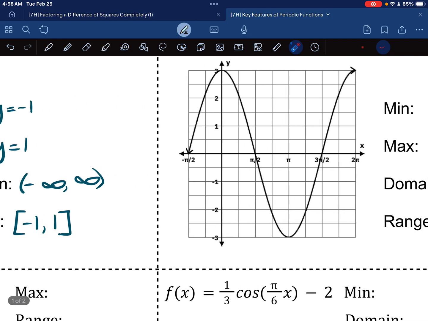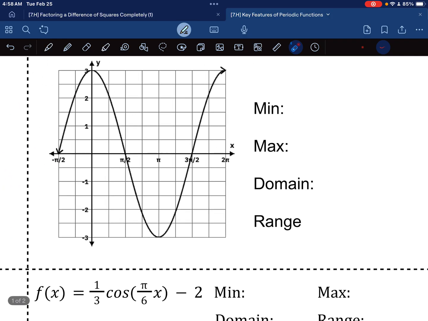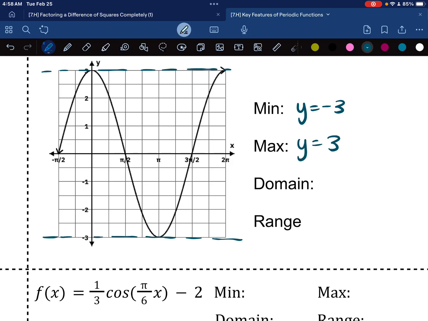Let's try it again. This one has a minimum that changed from -1. This one's all the way down at -3. And this one came up to +3. Your min and max don't always match because you can have vertical shifts.